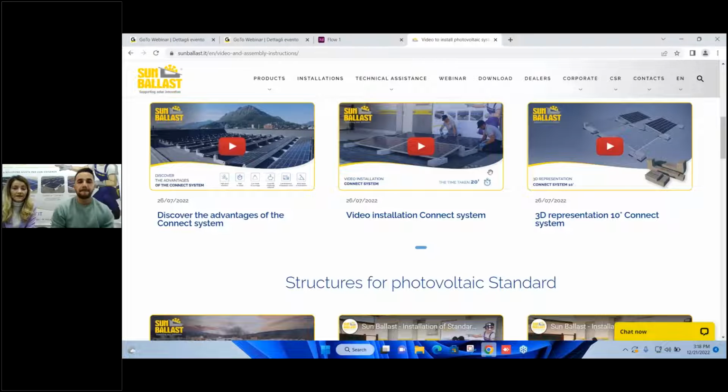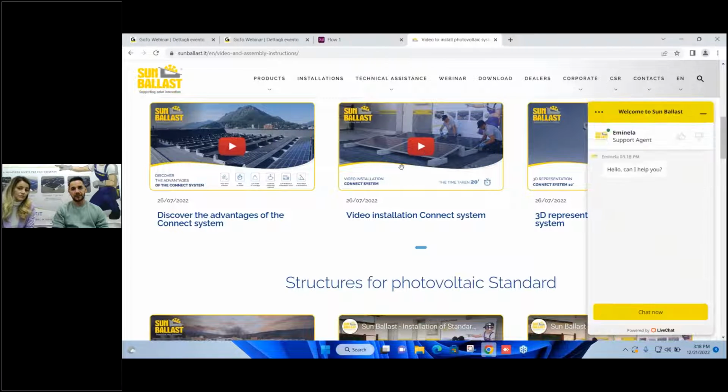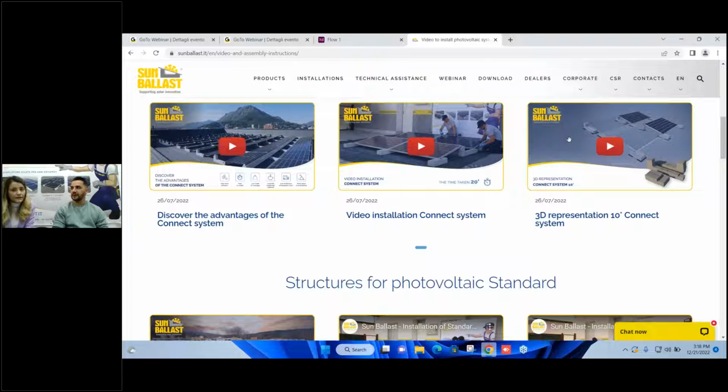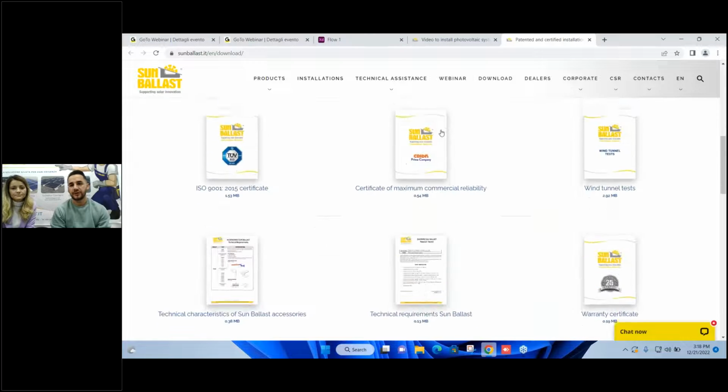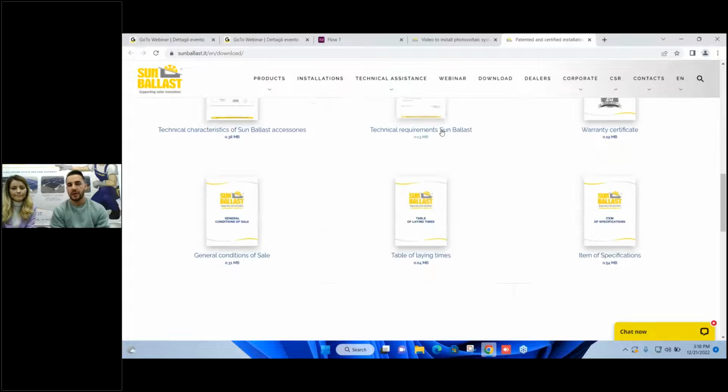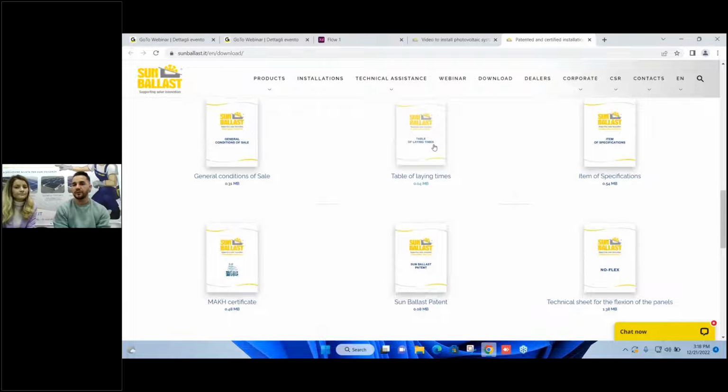We have done a simulation of all the time that we will take. We do have a table for all the timings that people require for how many kilowatts you want, so you can download that as well. Correct. You can download it for free, so you can check it and do your calculation according to how much material you're going to need and how much power you are planning to install, right?